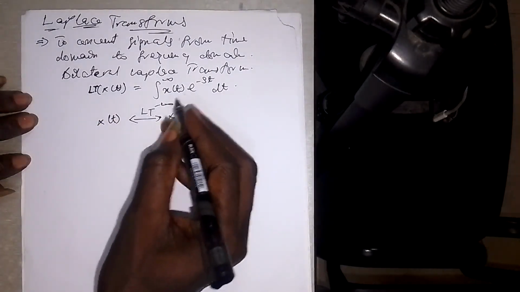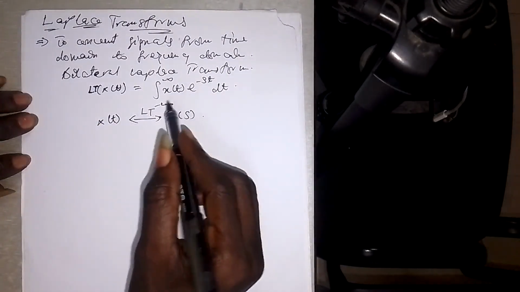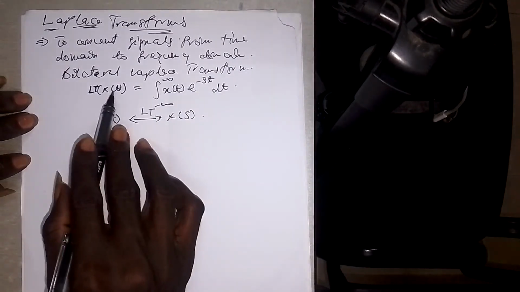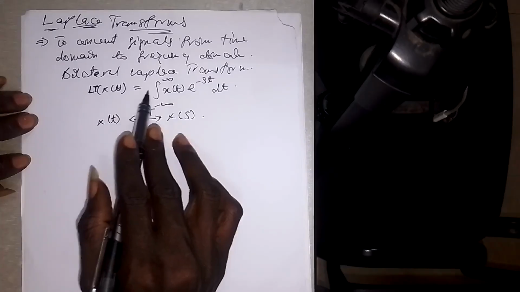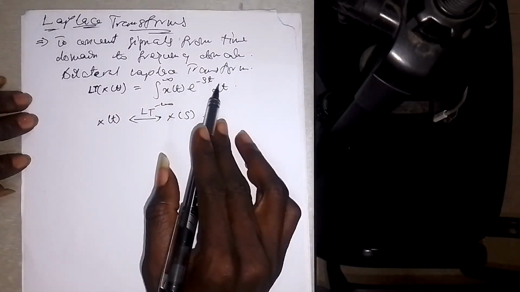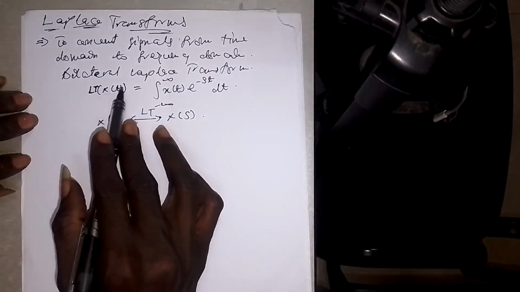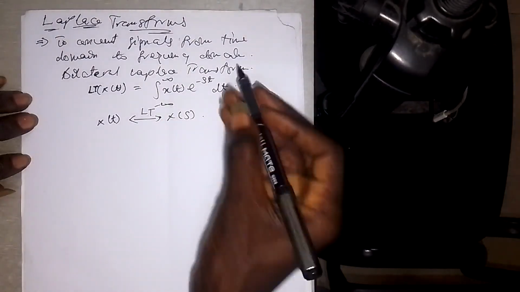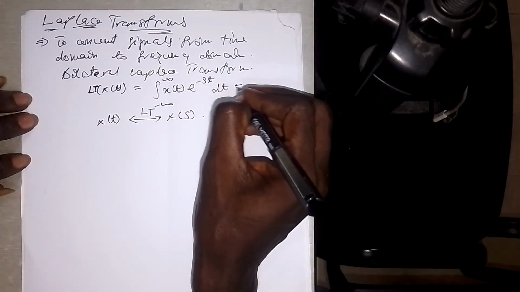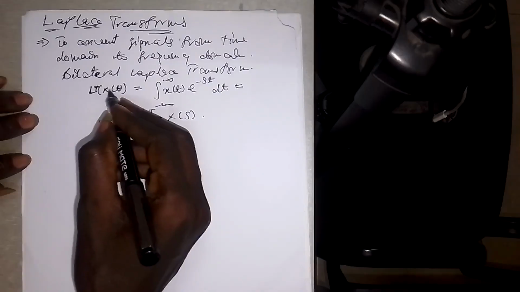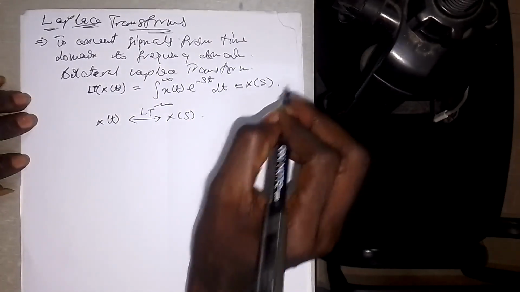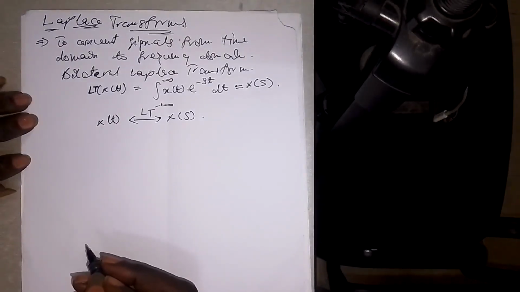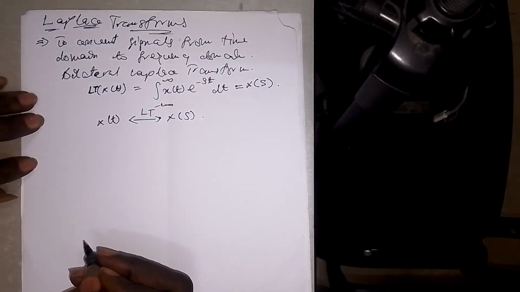If you want the Laplace transform of a signal, basically this is the equation you use. Instead of writing L of x(t), I can also write X(s), the Laplace transform.